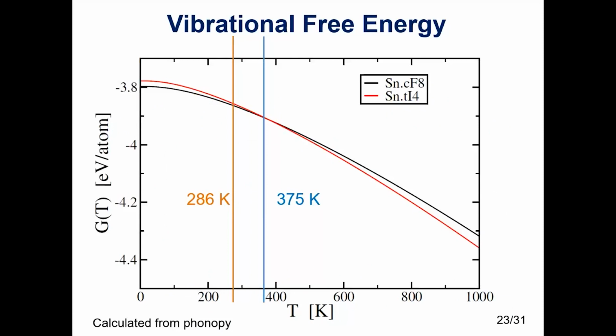So it's good that they cross. It's a little bit unfortunate exactly what temperature they cross. It would have made me happier if they crossed at 286 K, which is the experimental transition temperature. Yeah, so we overestimated a little bit.